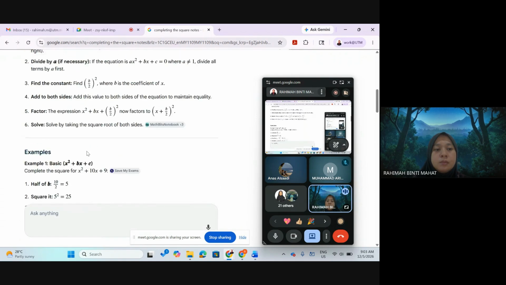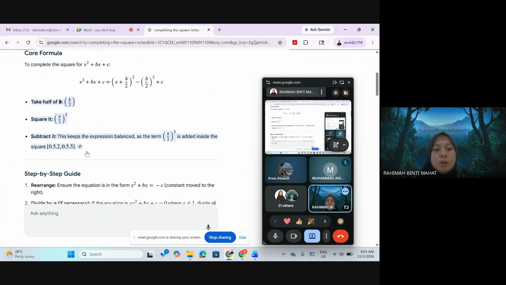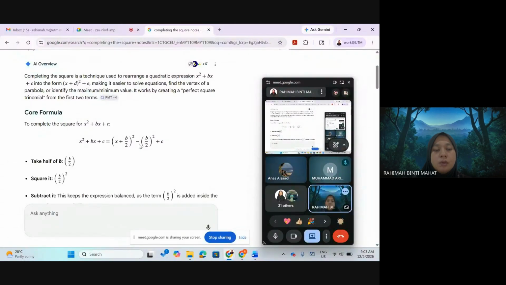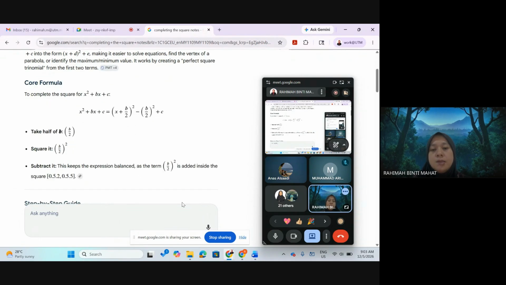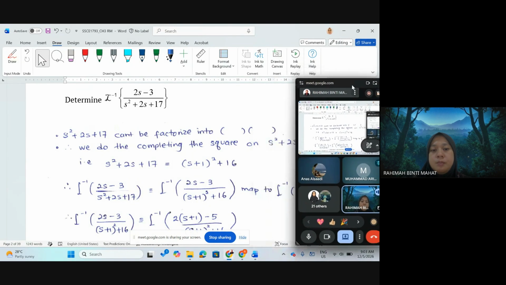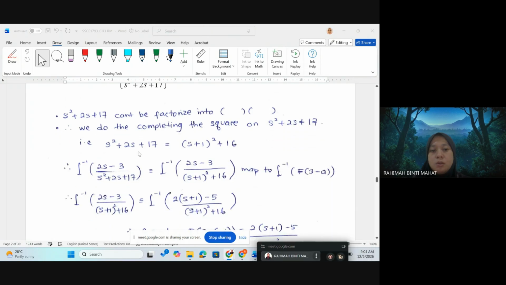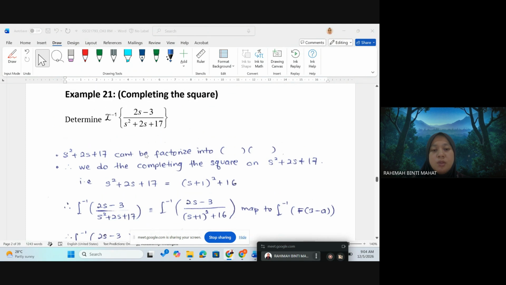This is how we do the completing the square. So the formula is x plus b over 2 squared minus b over 2 squared plus c. This is the formula.